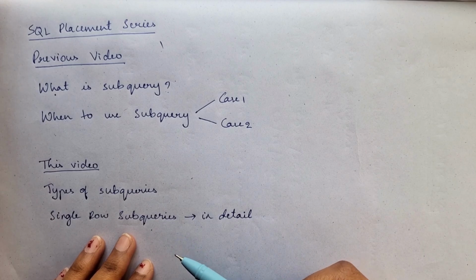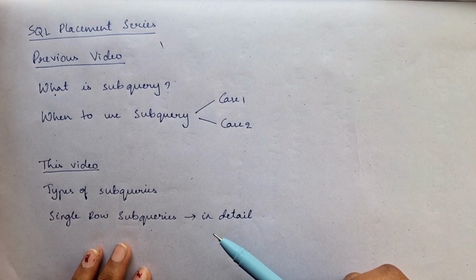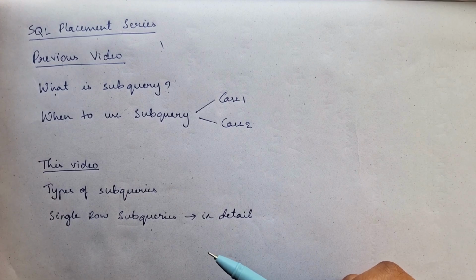We will understand this concept step by step with clear examples using tables so that by the end of this video, you will be able to easily identify and write single row subqueries on your own. So let's get started, guys.